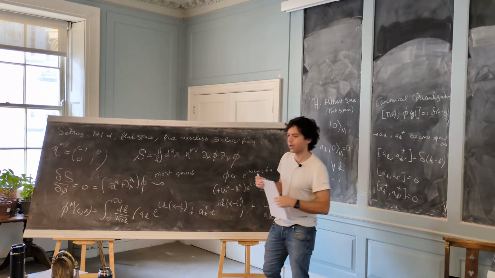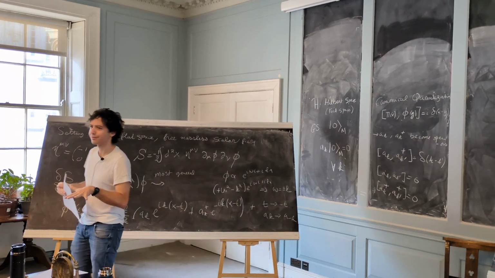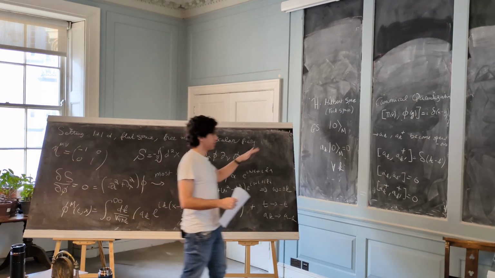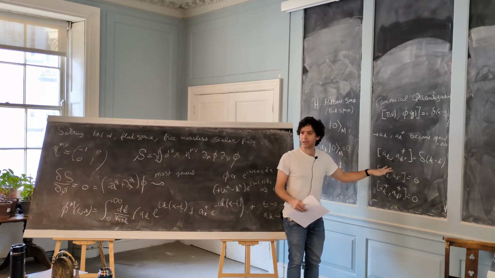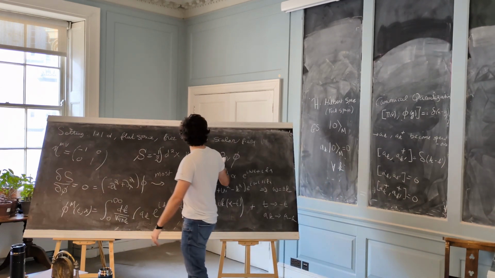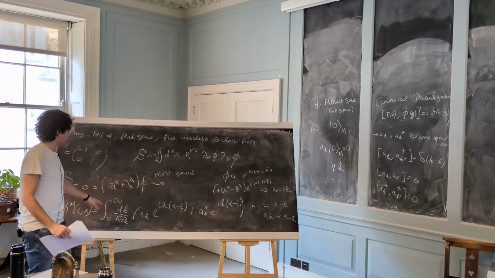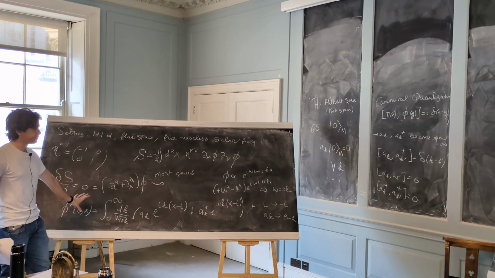And now we want to understand what happens when we change the spacetime a little bit. Okay? So all of this is in the realm of free quantum field theory in flat space. I haven't said anything very interesting. This is just a scalar field that obeys the wave equation. The wave equation leads us to this general solution, which I've written down right here.